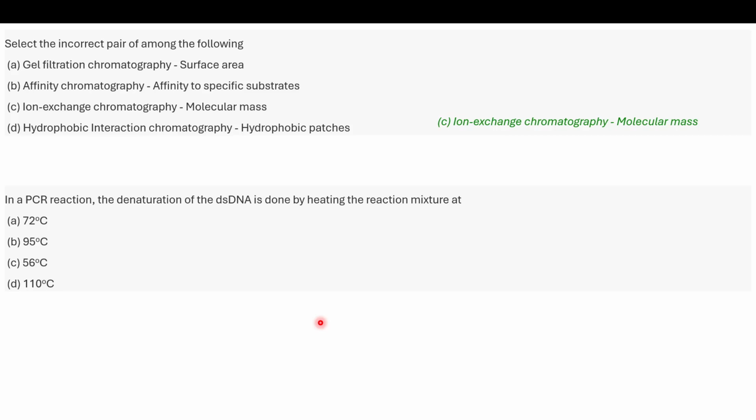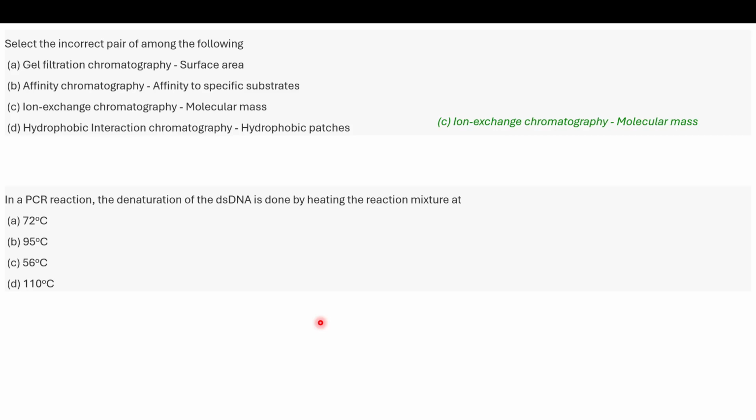That annealing temperature is based on the length of the primer, as in the number of nucleotides in the primer, and the composition, or the number of GC bases in the primer, because if there is a higher content of GC bases, then it should be optimum enough.